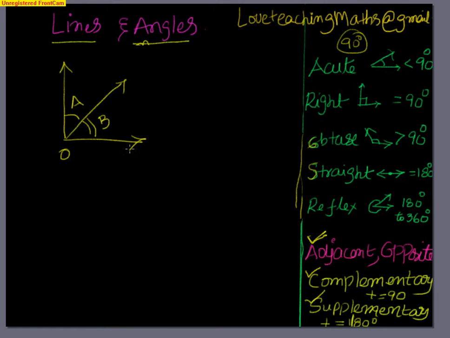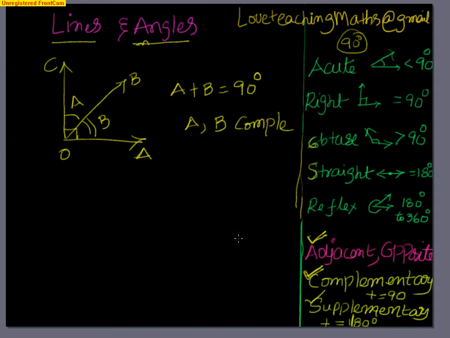They can happen in other ways also. OA, OB, OC. Suppose this angle is 90 degrees. Then these two angles A, B, if A plus B is equal to 90 degrees, then A, B are called complementary angles.